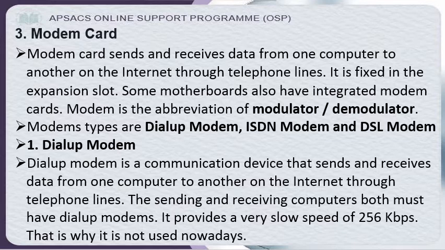Therefore, nowadays we are not using dial-up modem, because nowadays we have 2 MB, 5 MB, 10 MB, 20 MB internet facility. So dial-up modem gives you a maximum speed of 256 kb, which is very slow.